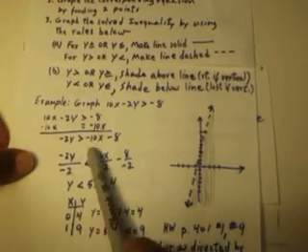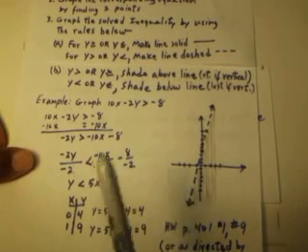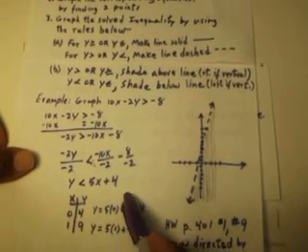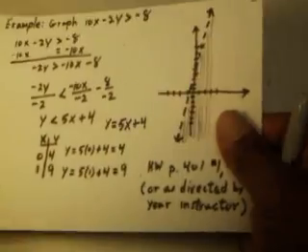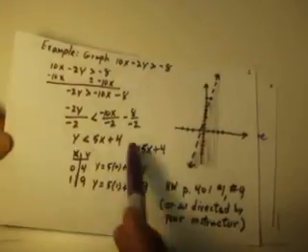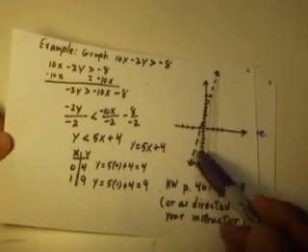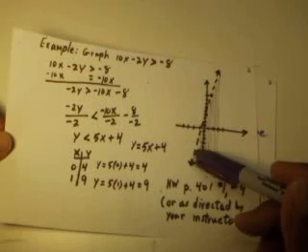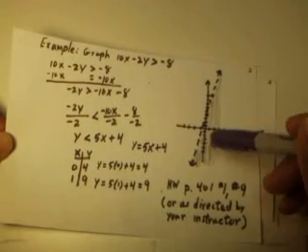We solved it for y, we got the corresponding equation, we graphed the corresponding equation, and then since we had less than, we made it dashed, and since we had less than, we shaded below.